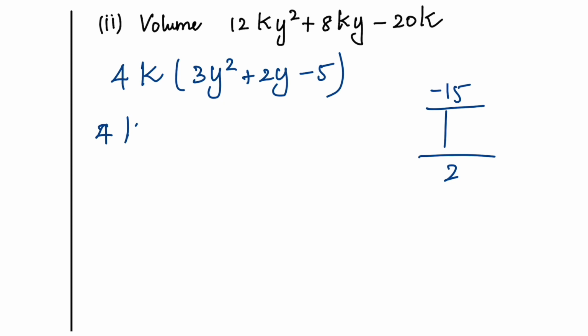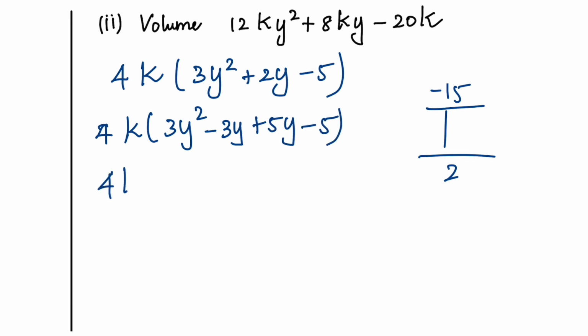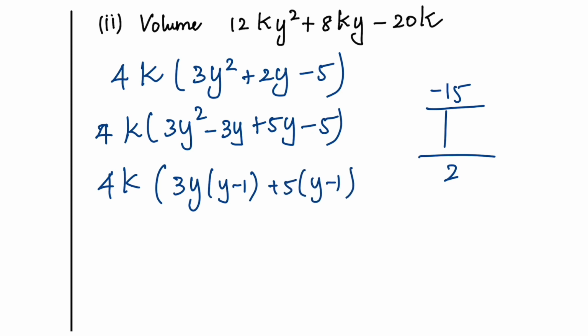So 4k into 3y squared minus 3y plus 5y minus 5. Okay, so 4k into 3y into y minus 1 plus 5 into y minus 1.